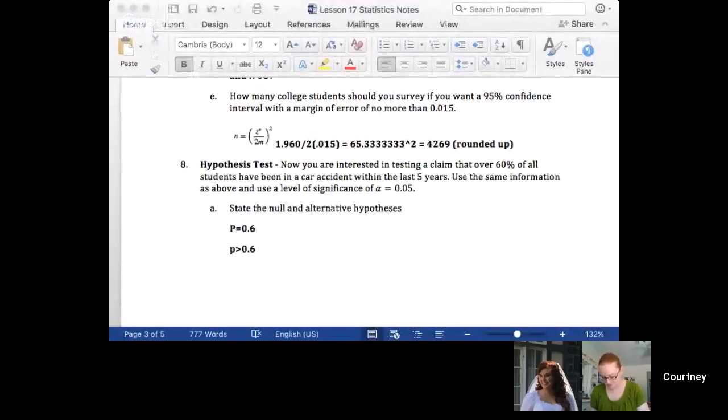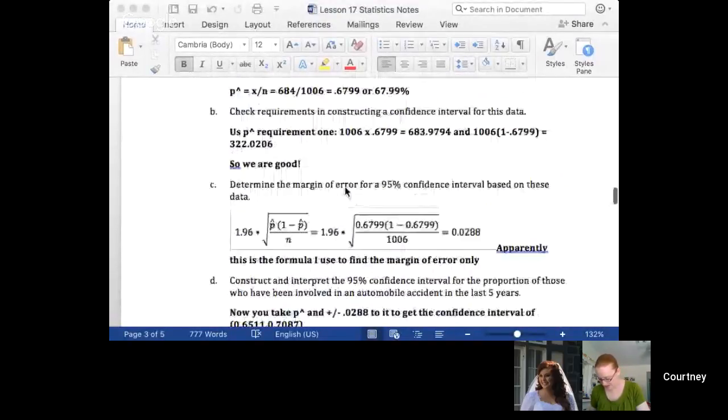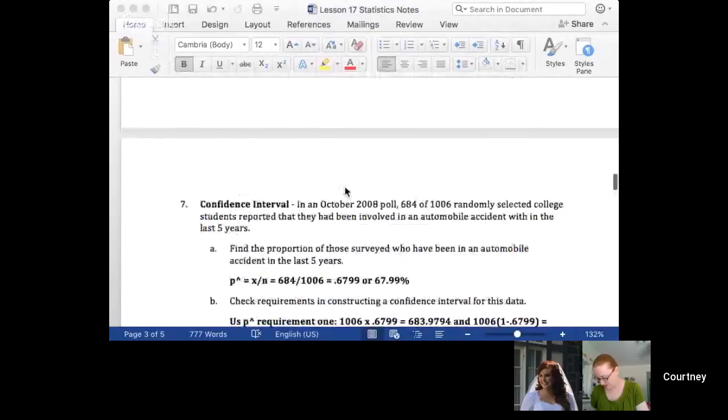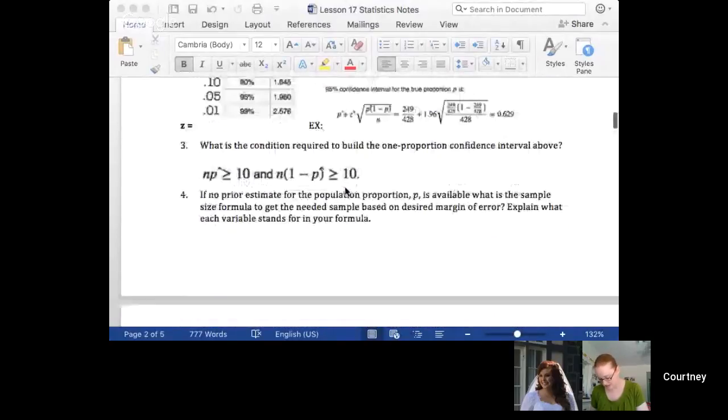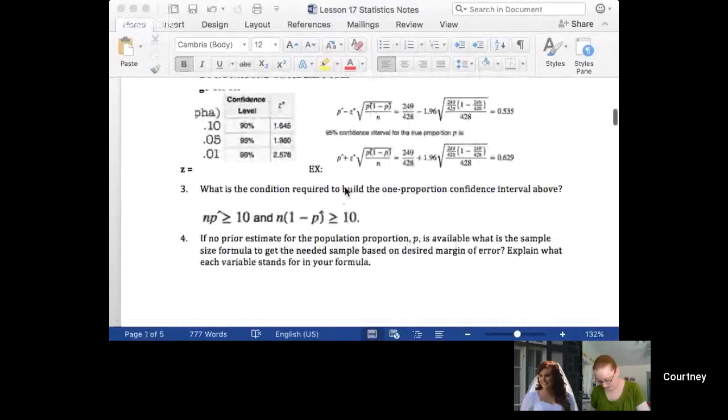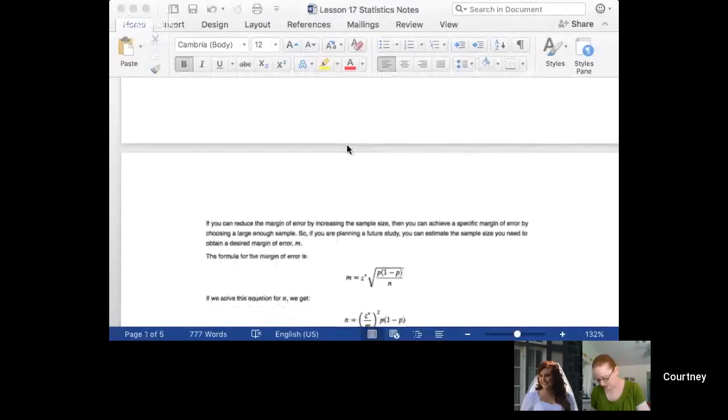I think we're just plugging it into the requirements equation. But yeah, for a hypothesis test.